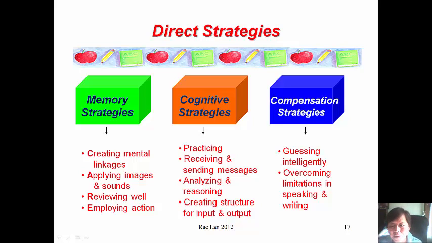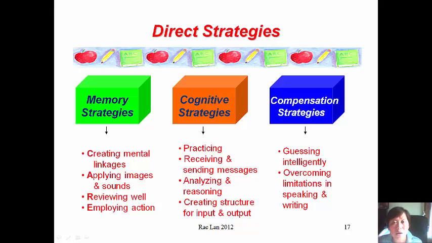There are 2 sub strategies involved. First one is guessing intelligently. Now we all use guessing strategies, but do we just guess without thinking carefully about why we make this guess?